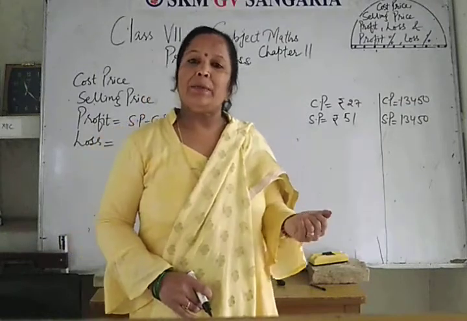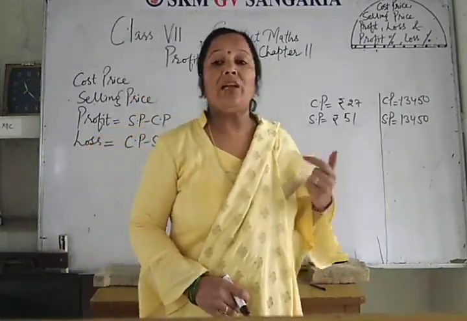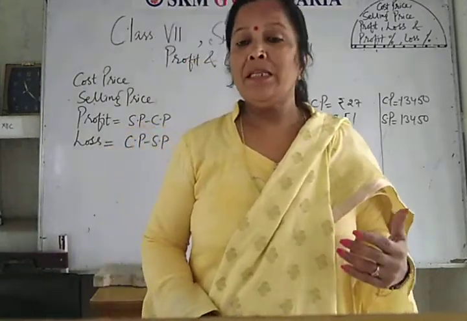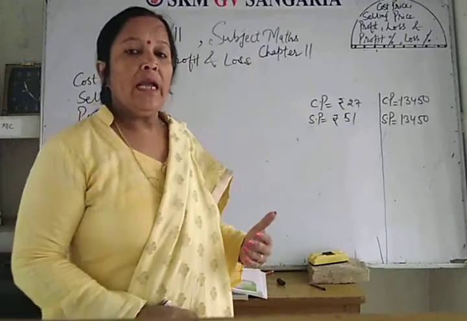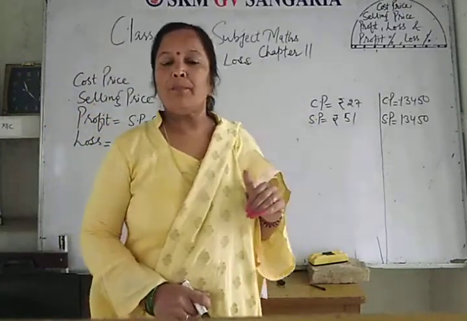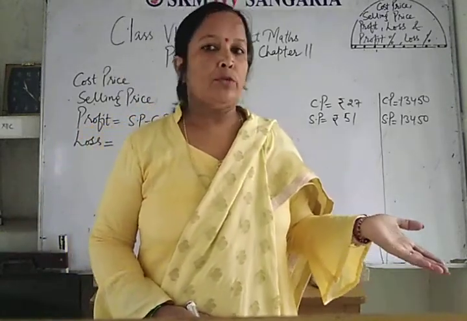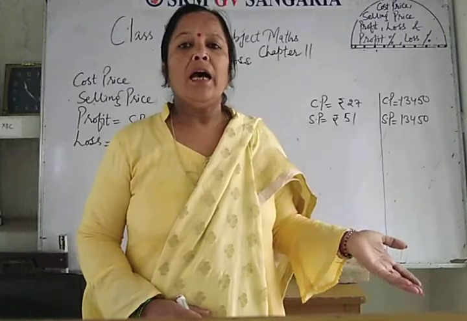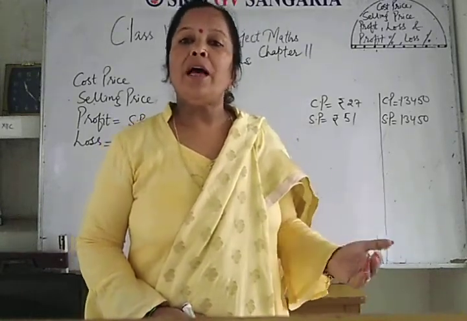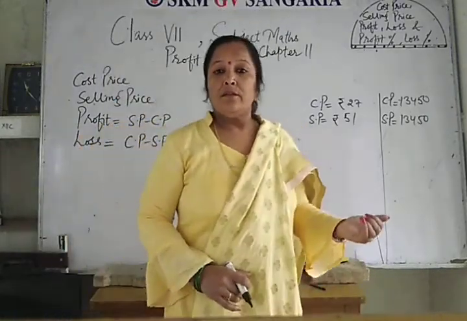Then comes selling price. The selling price of an item is the price at which an item is sold. Suppose you purchase a computer and after using it you sell it. That price will be called the selling price.